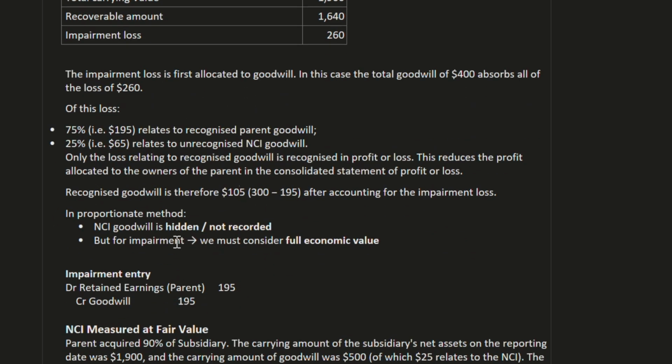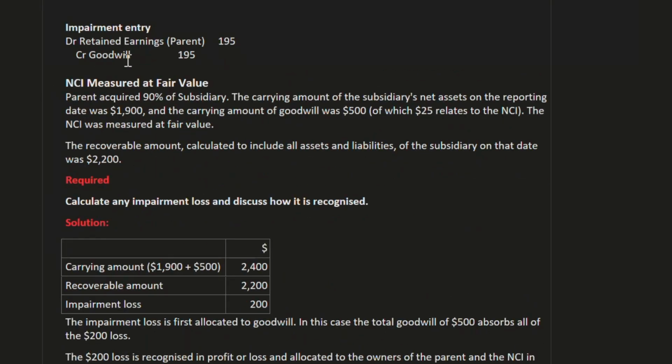So that's why 105. Now impairment entry: DR retained earning 195, CR goodwill. This is very important for the pre-populated sheet. So goodwill will decrease, and retained earning will decrease.